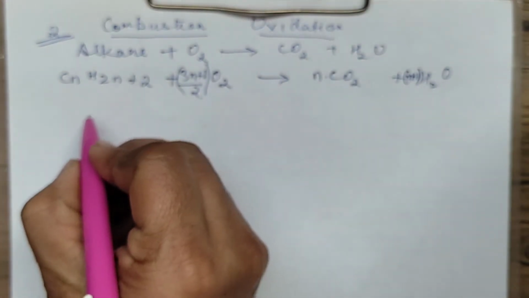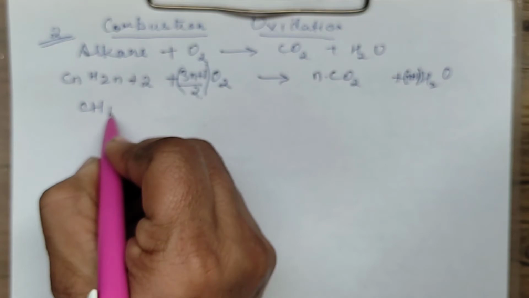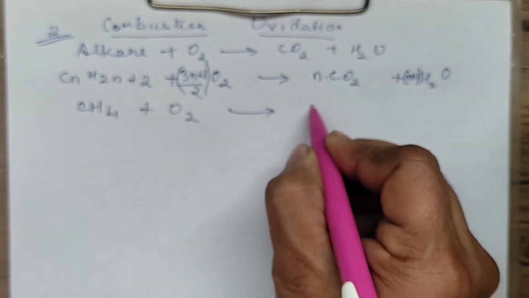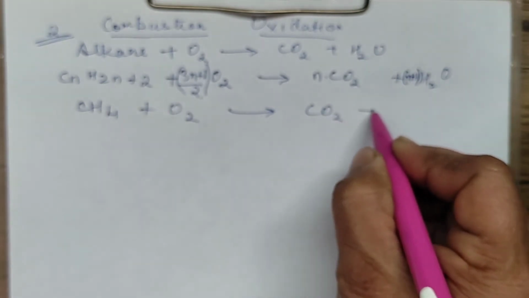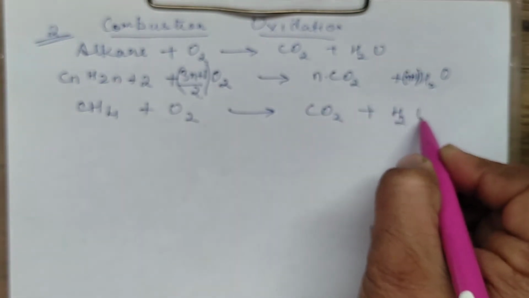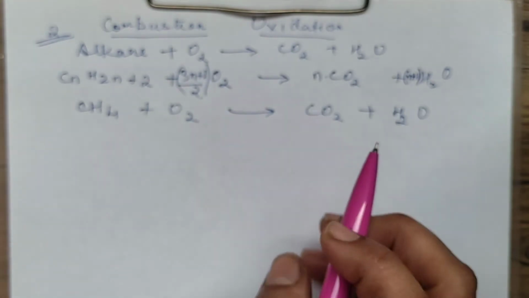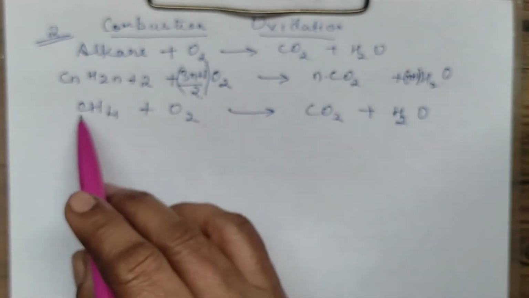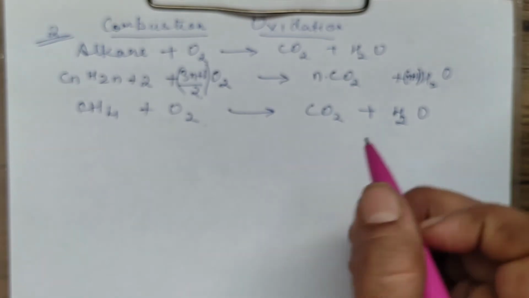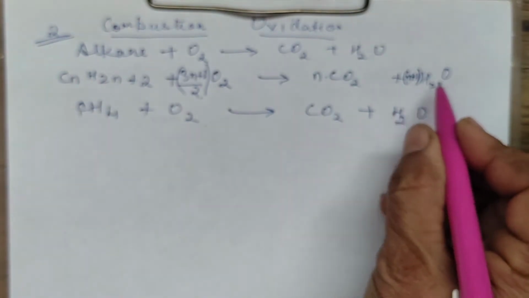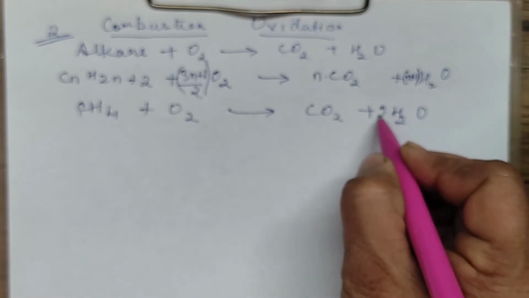Let us write it with respect to methane. Methane plus oxygen forms carbon dioxide plus water. This is one carbon atom, so this will be one only. The n value is 1 here, so n+1 means this will be 2.